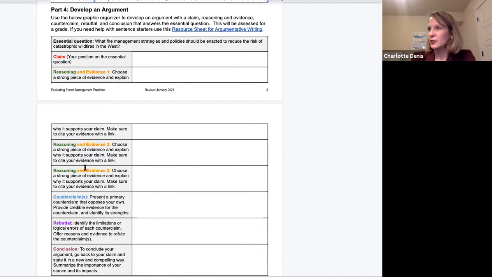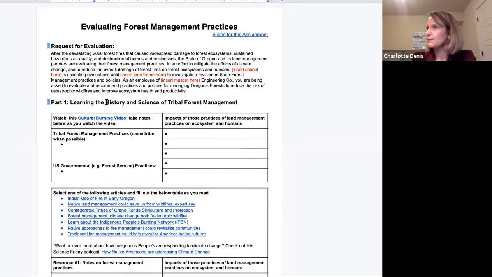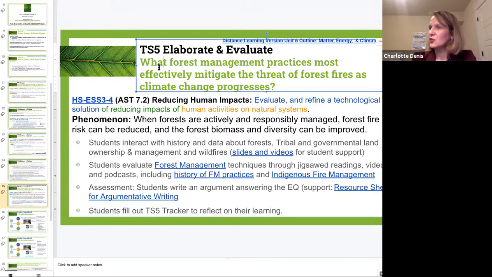Those parts are also written here in the left-hand column. The students are going to be answering the essential question, which I'm going to scoot back up to, and it goes back to our task set question.